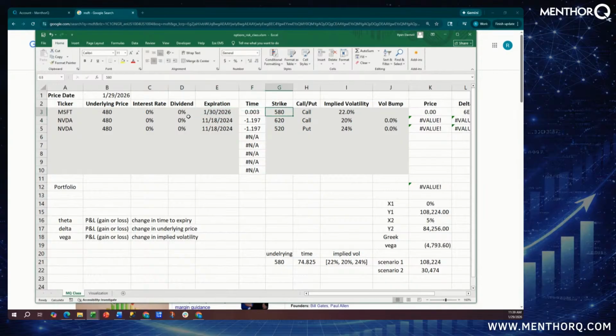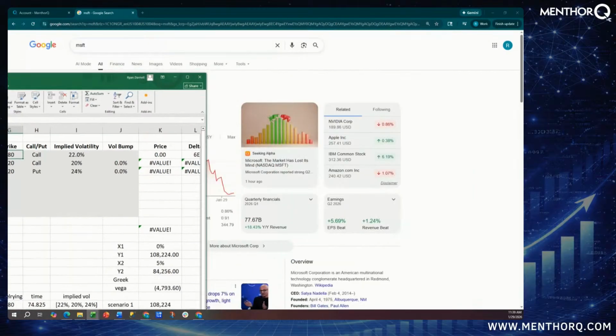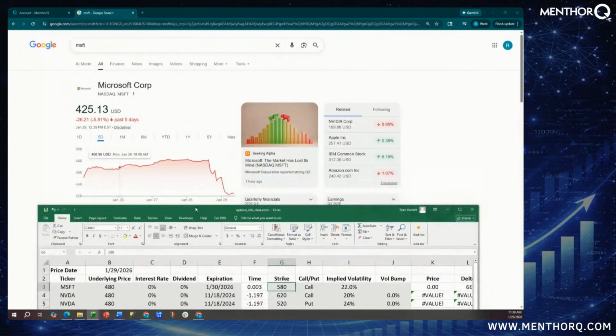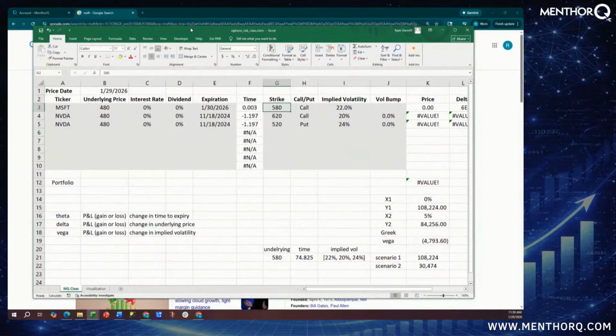And if we were looking at, let's check here, a 480. So let's just say that you wanted to sell a call at 90% implied volatility, you thought that Microsoft should go 5%, 10% higher, right?